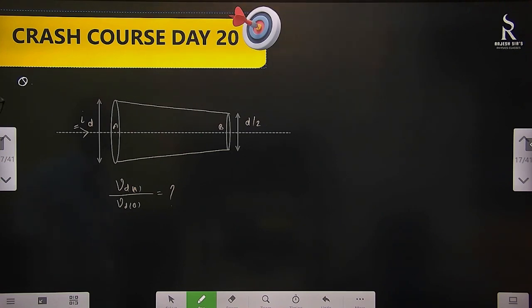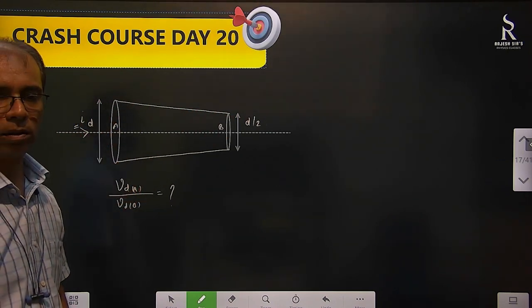One more time, a similar question that we did already. This is one type of conductor. Its diameter is given d, and its other diameter is d by 2. Current I is flowing and he is asking drift velocity over here. Simple question.